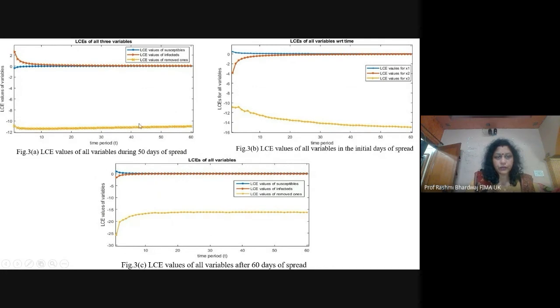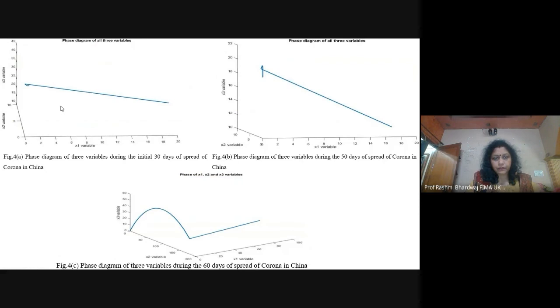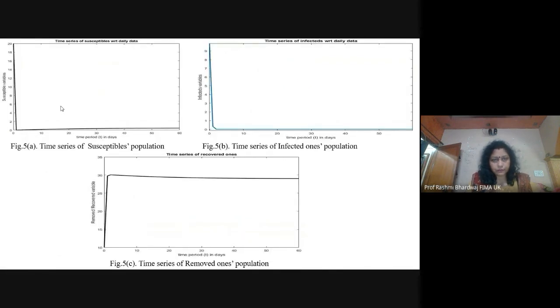Of course, removed ones we are not discussing much, but initially they are susceptible, and after 14 days they become recovered ones, meaning these are the stable ones. So the incubation or quarantine period of 14 days is also justified here in a mathematical form, which I'm showing you in a structure of these time series.